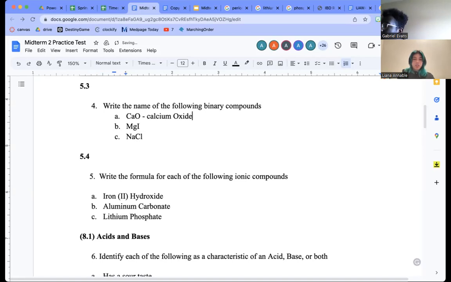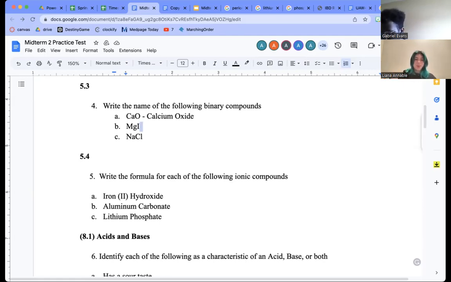And the key thing to look at here is this "ide" ending, right? This "ide" ending is what you add on when you're doing ionic. So these are ionic combinations. So, sorry, ionic molecules. Calcium oxide, you always add "ide" whenever it's ionic. And it's super easy. You just put the name of the first one and then the shorthand of the next one plus "ide."